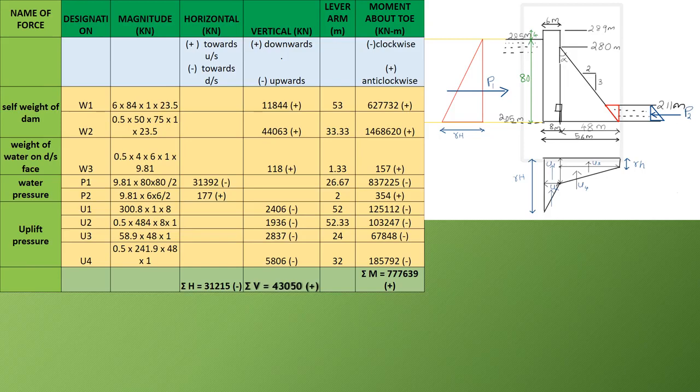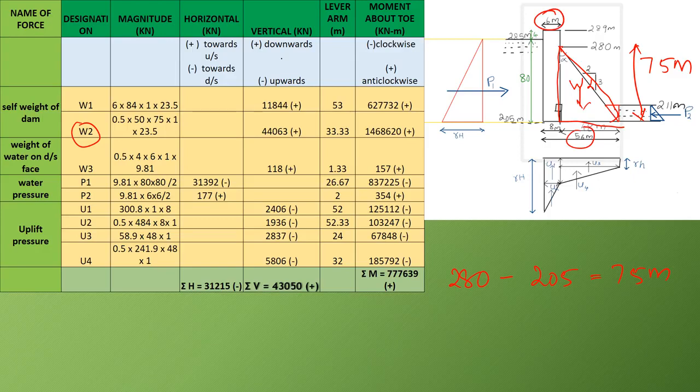Next we are going to calculate the self weight of the dam for the second force, W2, which is due to this triangle. This triangle has a height of 280 minus 205, that is equal to 75 meters. Now the base width of that triangle is 56 minus 6.